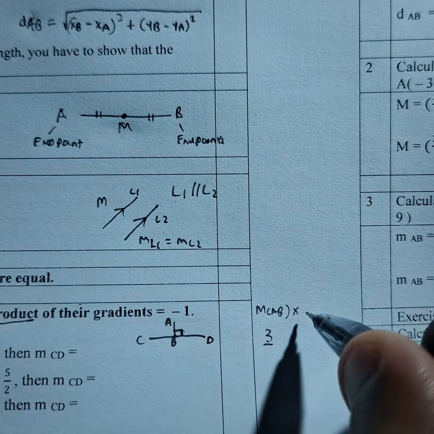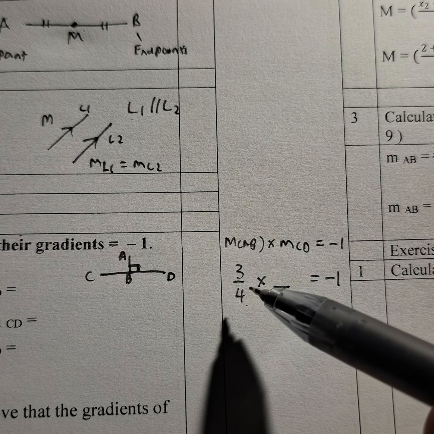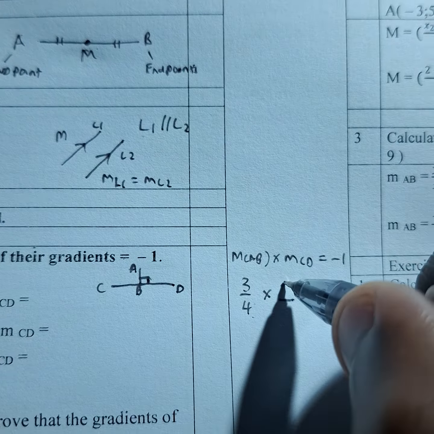What we simply do, and what I say to students, is you take this fraction, you flip it. In other words, 4 goes to the numerator because it was in the denominator, and 3 goes to the denominator. And then all you simply do is you change the sign. Because AB is perpendicular to CD, the product of these two gradients should give you negative 1.